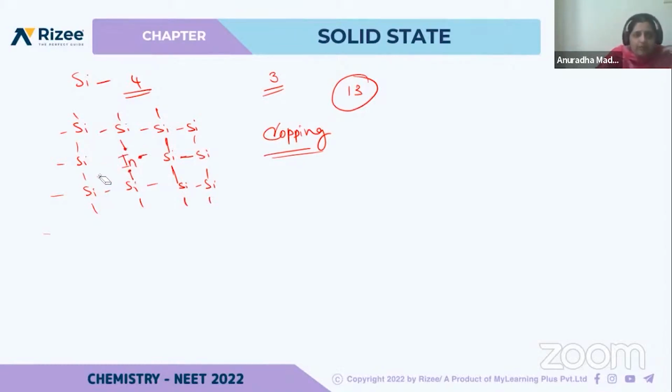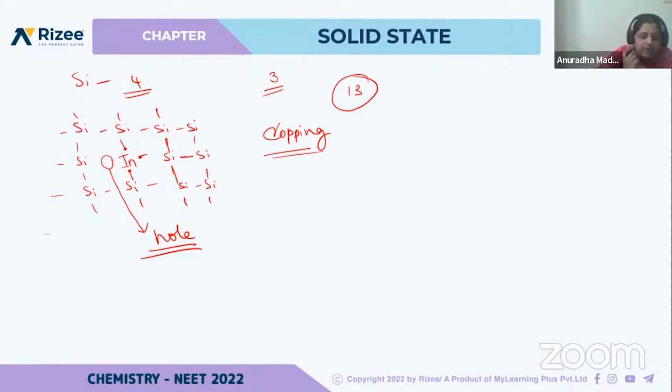Then what about the fourth position? It does not form a bond here. Instead of a bond, a hole is created. A hole is created automatically, as it has only 3 electrons to form bonds with other elements.